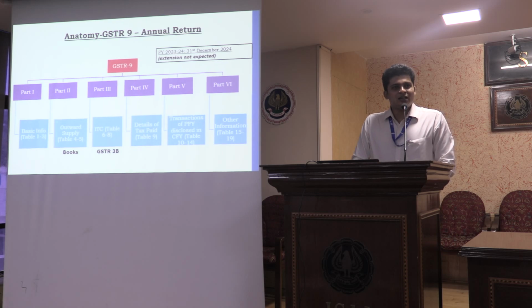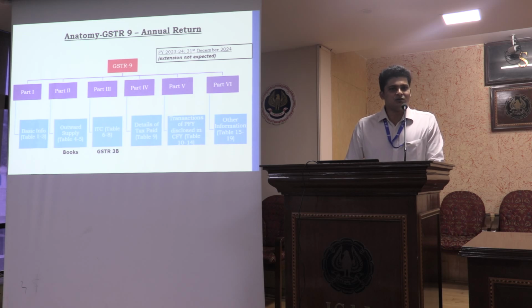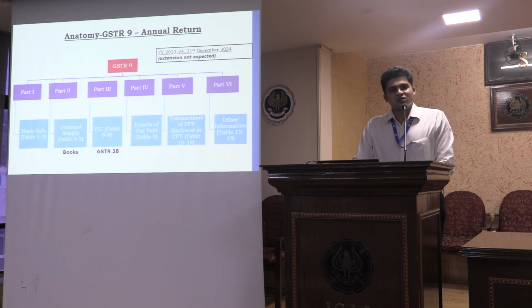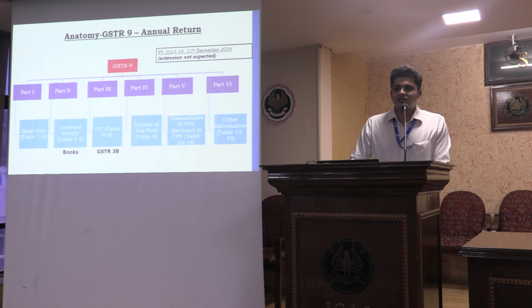So, in the anatomy of the GSTR 9, what does the department expect the taxpayer to update? If you see Part 1, it's basic information that gets auto-populated. Part 2 is our outward supply, which relates to all transactions of outward nature, including my RCM transactions.